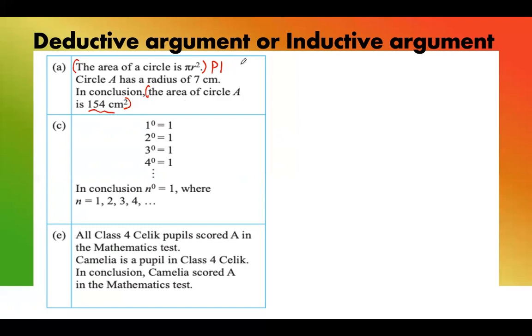So you can see here, this is a general statement. The area of a circle, we don't know what type of circle, but it's a circle. So we will use this formula, pi r square. In BM it is pi j kuasa 2, luas bagi sesuatu bulatan. So this is a general statement. Then the conclusion, the area of circle A is 154 centimeters square, is specific.